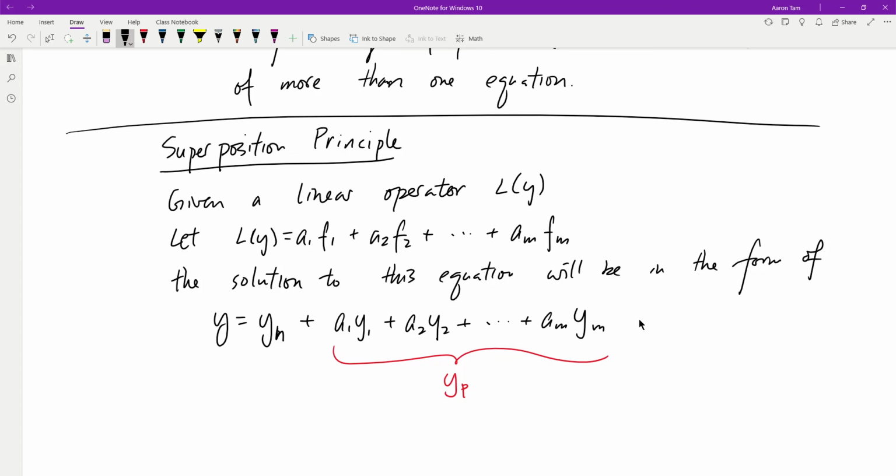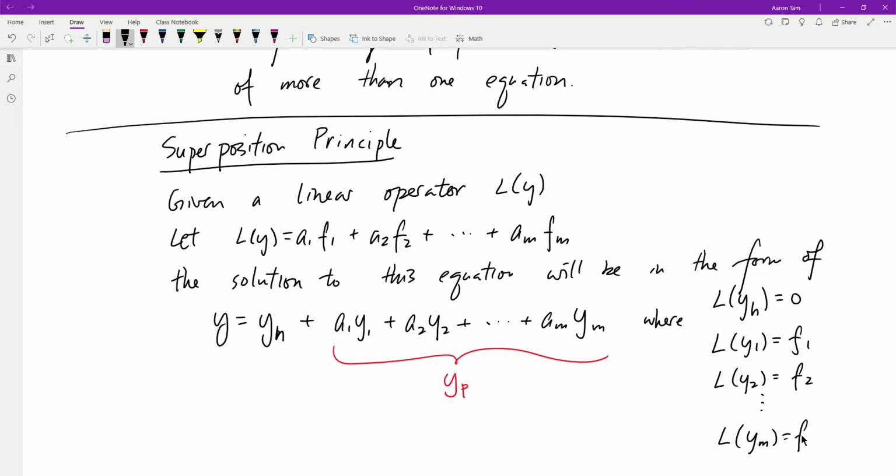But our particular solution is actually formed by a whole bunch of smaller solutions. Here, we know that L of y sub h gives me 0 because that's the homogeneous solution. L of y sub 1 gives me f1, L of y sub 2 gives you f2, and this goes on until y sub m, which gives you fm.